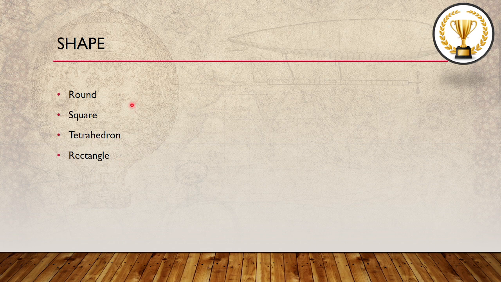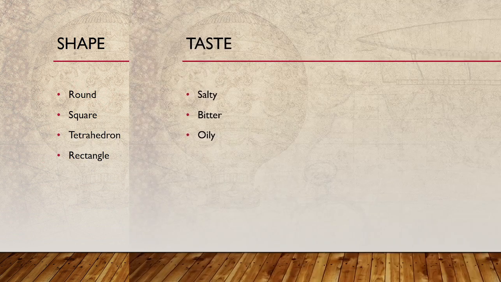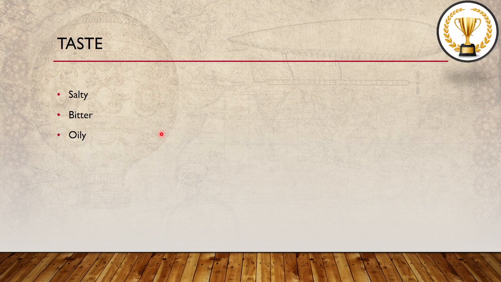So these are the examples of adjectives with the description of shape. Next, taste. So you can say salty food, bitter food, oily fats. So according to the taste, we can describe a noun. So the examples of adjectives according to the taste are salty, bitter, oily. So you can use these to describe nouns with the description of taste.